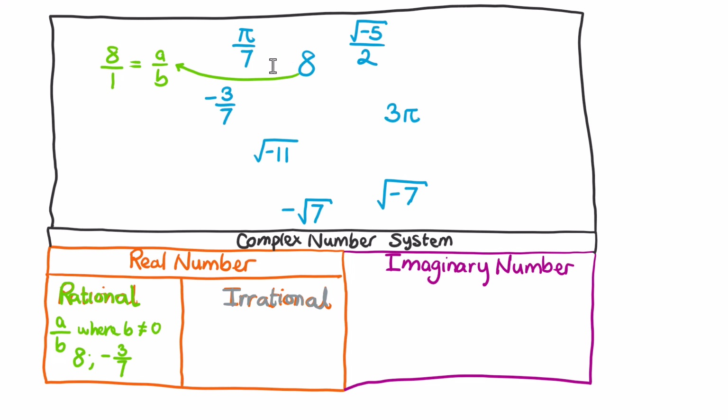Now, the other part here is not looking at rational numbers, which are a part of real numbers, but irrational numbers. And the irrational numbers that we have here include the following.